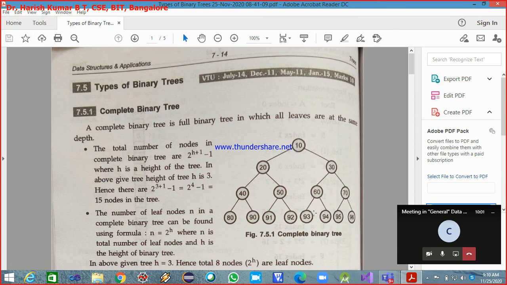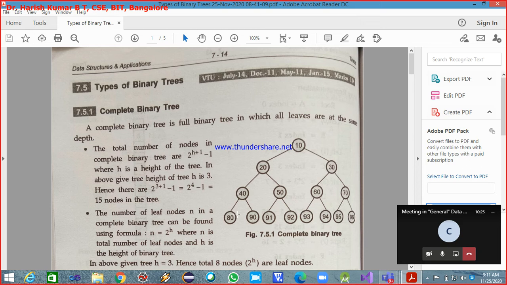Two child nodes. And it is a complete binary tree. This is at level 0, this is at level 1, this is level 2, and this is at level 3. All the leaf nodes are present at level 3.